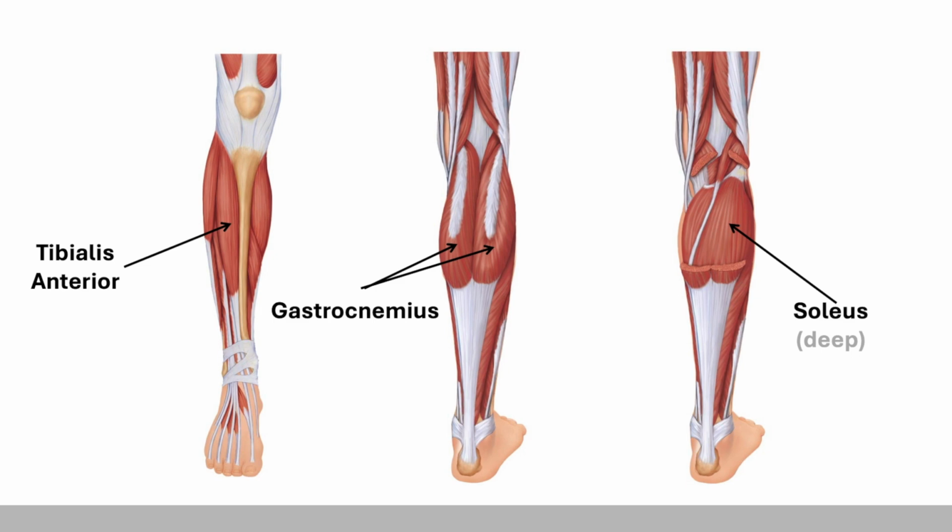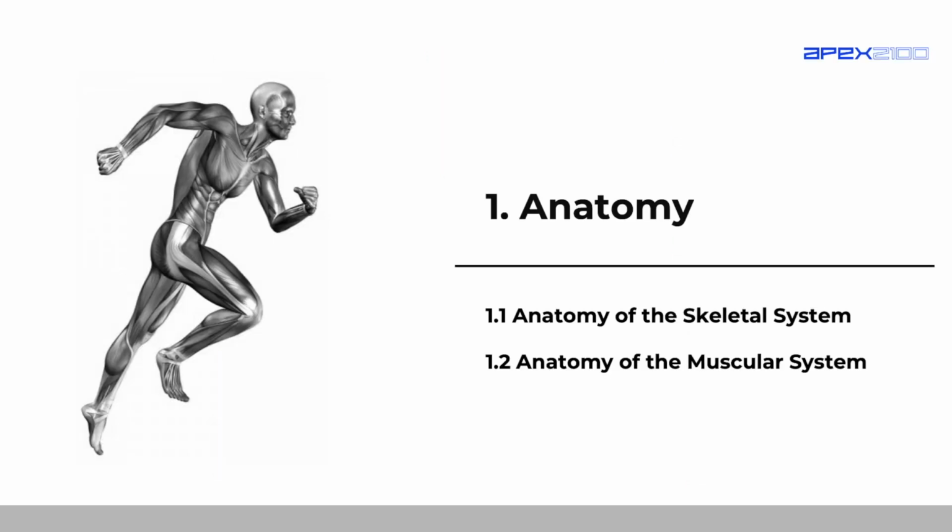The soleus also runs down via that Achilles tendon and inserts into the back of the foot. And both the gastrocnemius and the soleus are the prime movers of plantar flexion. So standing up on your tippy toes, doing a calf raise, that's working the gastrocnemius and the soleus. All right, that is all for 1.2, anatomy of the muscular system.